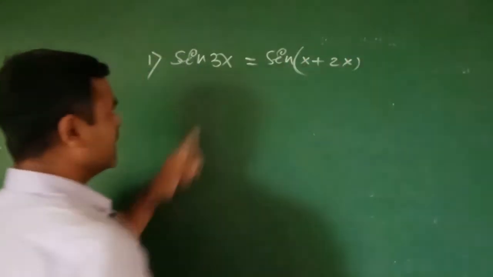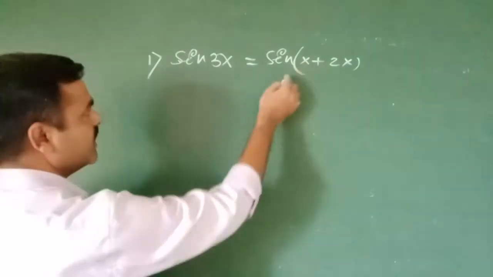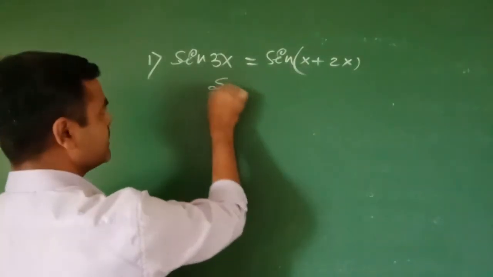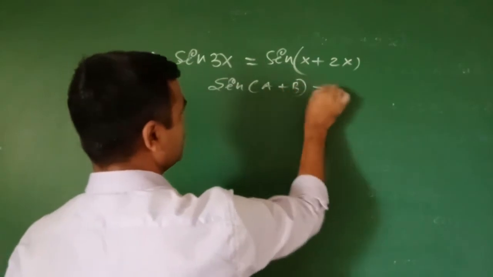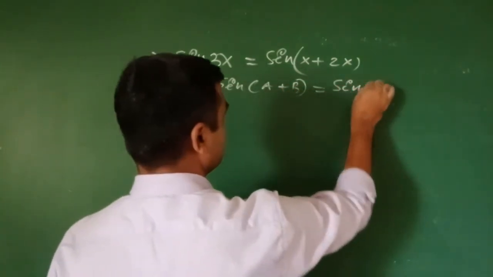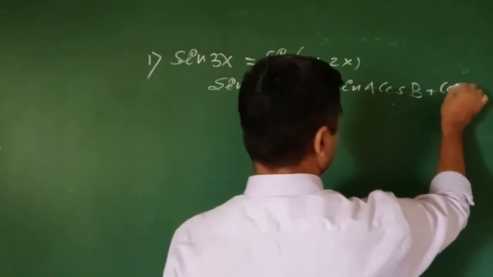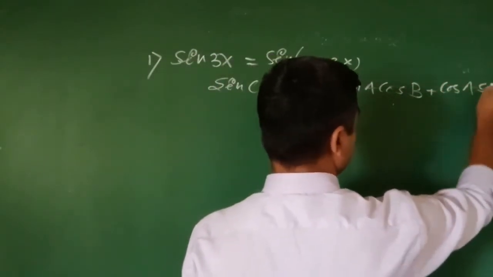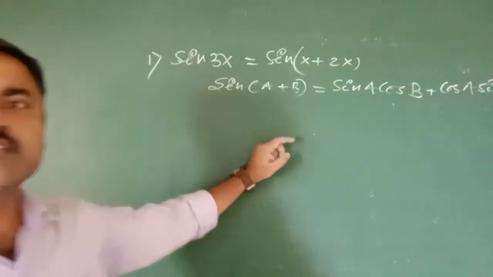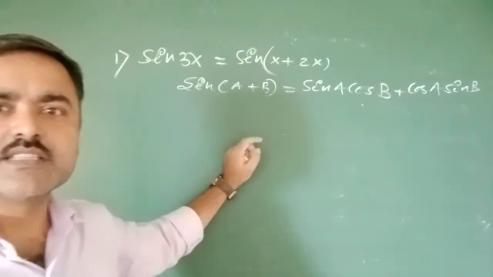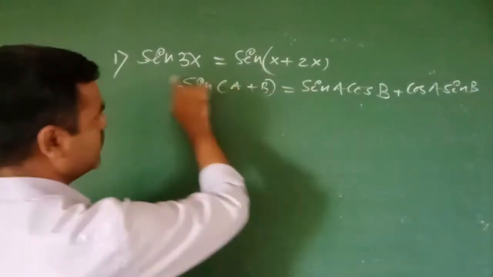Okay, 3x may be written as x plus 2x, and you know sin(a plus b) is equal to sin a cos b plus cos a sin b. This is the identity. So just apply this identity to open this one.